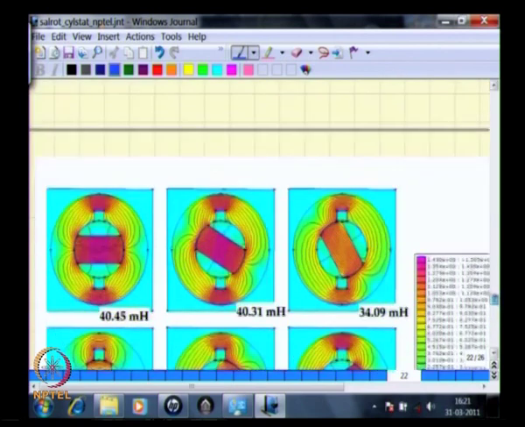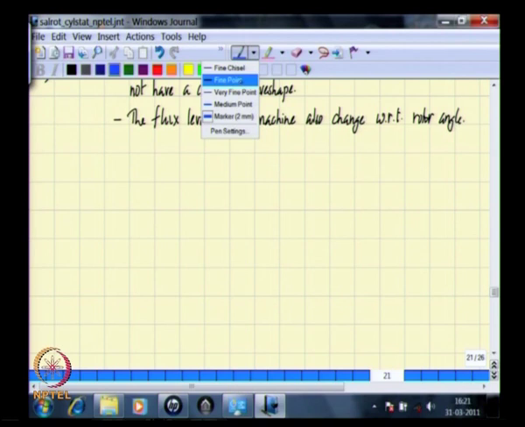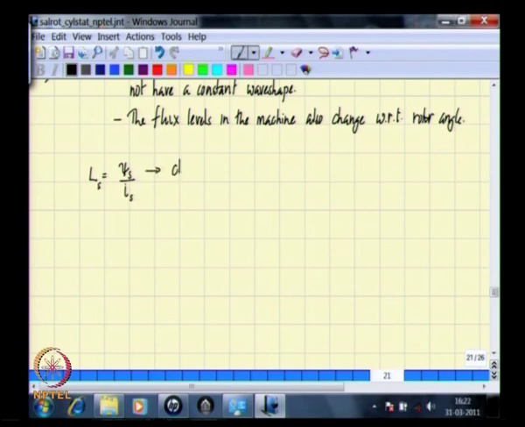And we know that inductance is nothing but flux linkage divided by how much current you are exciting it with. This is the stator inductance, and if this flux linkage is going to change with respect to rotor angle for a given excitation, this then implies that inductance changes with respect to rotor angle.